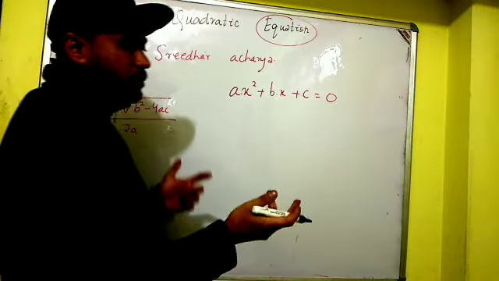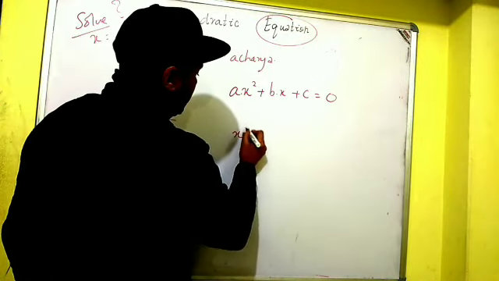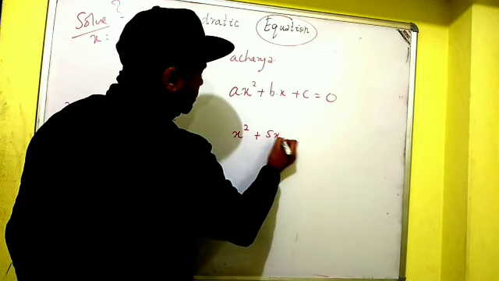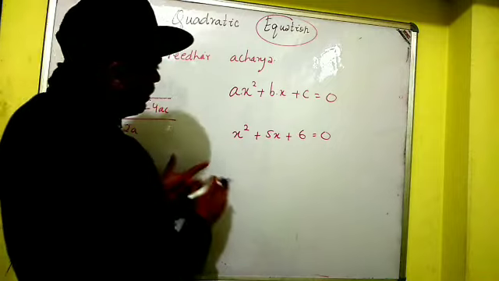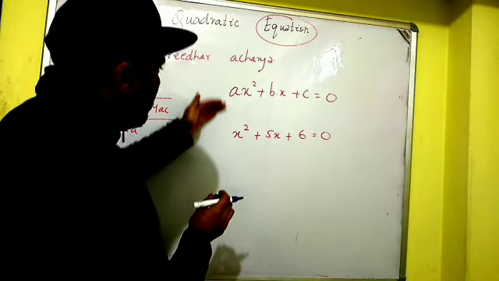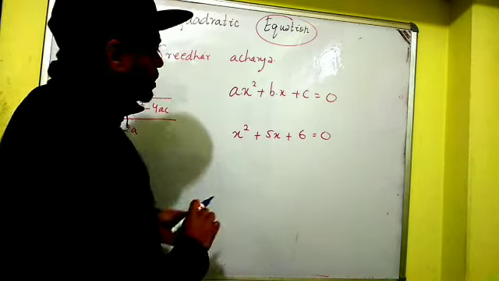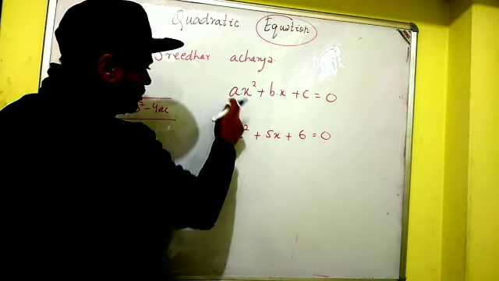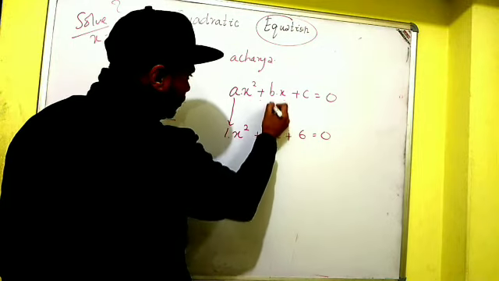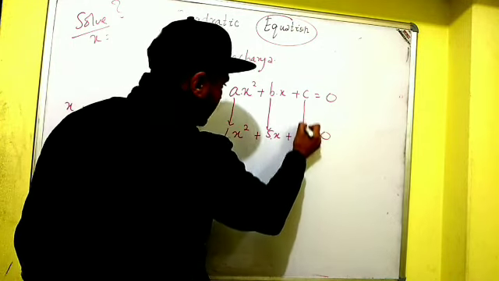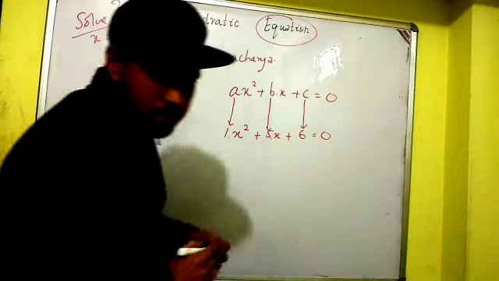Now if we take an example of any quadratic equation, for example x squared plus 5x plus 6 is equal to 0. Alright, if you look at this one, are these two equations somewhat the same? Yes, they are. But the only difference is in place of a we have 1, in place of b we have 5, and in place of c we have 6.